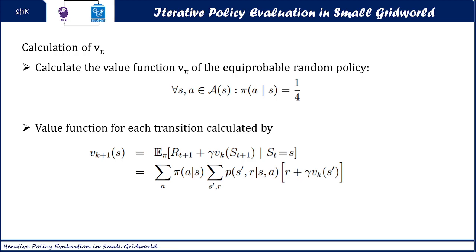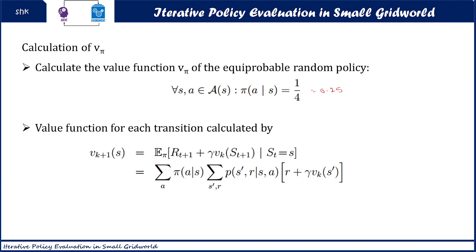Now for the evaluation of the value function V pi, we are going to calculate the value function V pi for the equiprobable random policy, where the policy pi for action A from state S has probability 1 by 4, which is nothing but 0.25.